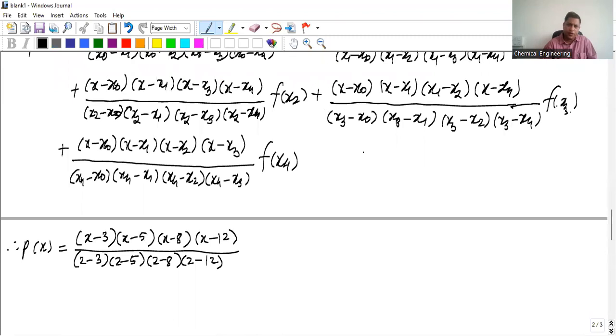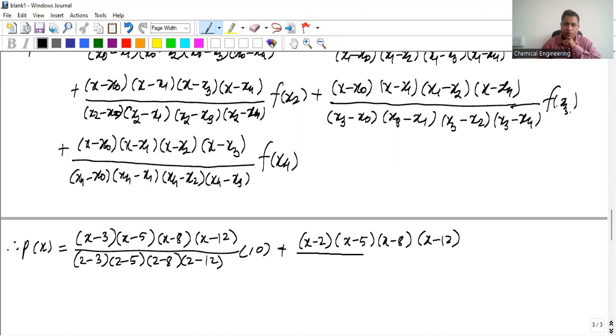Okay, so we got here 10. Now we have here plus x minus 2, x minus 5, x minus 8, x minus 12. So this term corresponds to x is equal to 3.